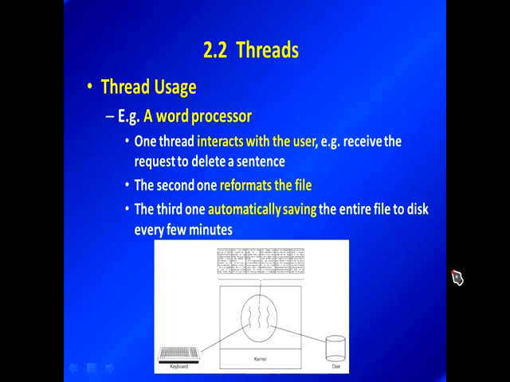The first example is the word processor, which I mentioned at the beginning of this class. When we edit a file in this popular application, we can roughly divide the operations into three parts. We can set three threads. One thread is responsible for interacting with the user.